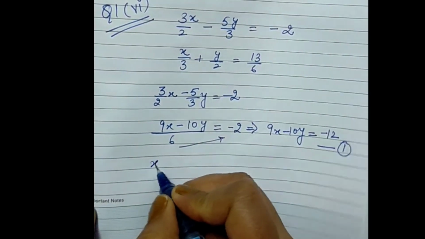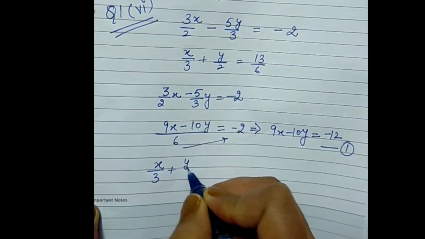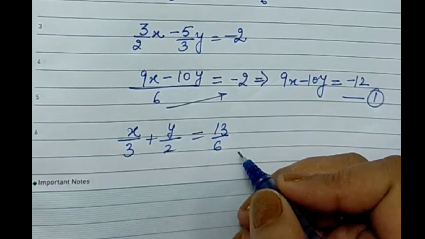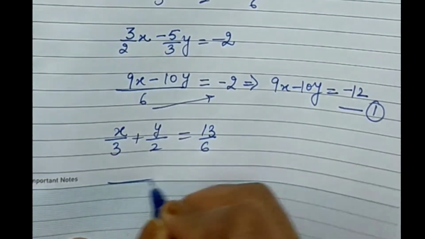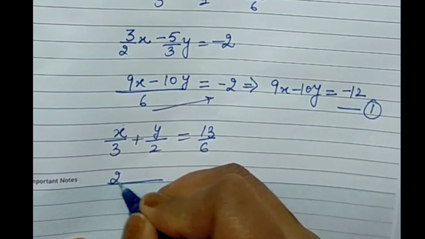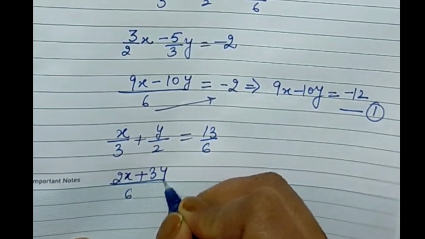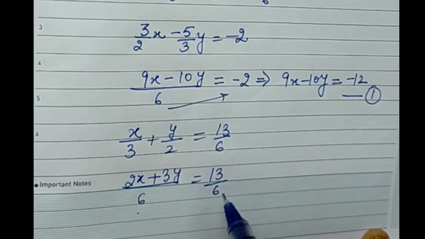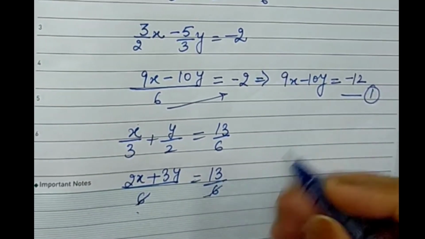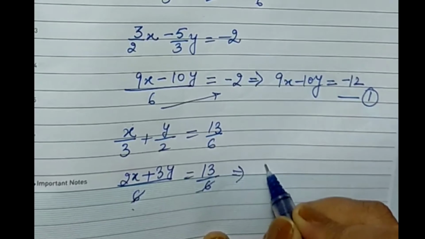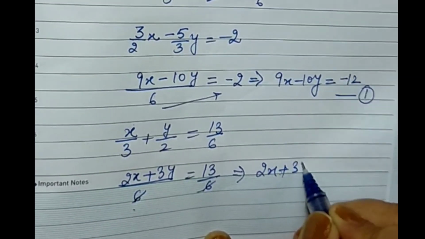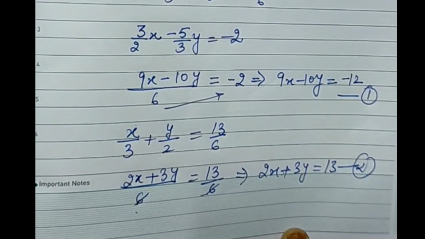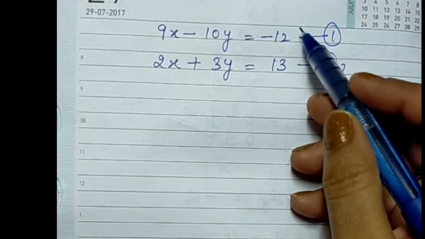So this is the first equation now. Another one, x by 3 plus y over 2 is 13 by 6. So here also we are going to take the LCM. 2x plus 3y is 13 by 6. This 6 goes over that side and gets cancelled over there. So what we are left with is 2x plus 3y equals 13. This is the second equation. So we got these two equations.